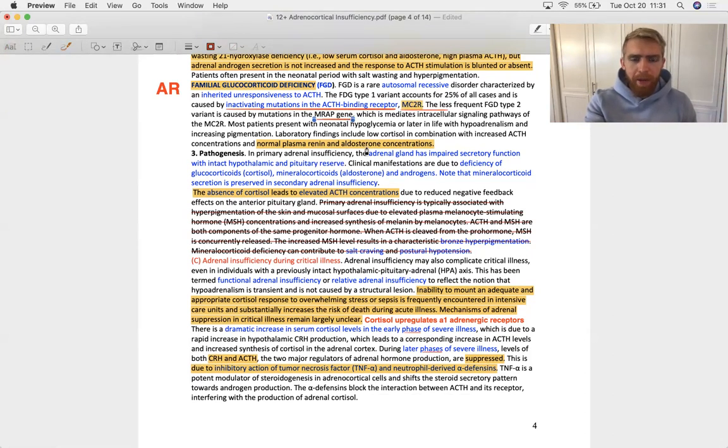So lab diagnosis, you've got normal plasma renin, normal plasma aldosterone. Why? Well, because this is glucocorticoid deficiency. And even though you have a low degree of ACTH pinging your adrenal glands, aldosterone really isn't beholden to ACTH anyway for its production. It's far more dependent on angiotensin 2.